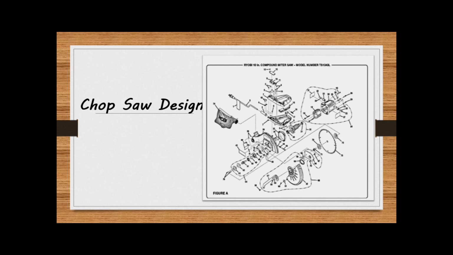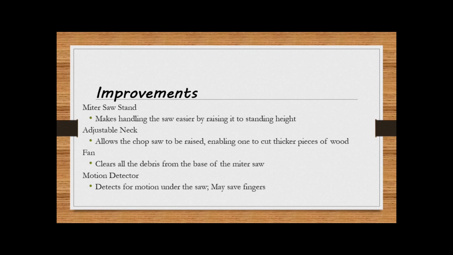This is another picture from the patents that I found on Google Patents. And some improvements, as I was saying before. There was the stand, the adjustable neck. We were thinking about using a fan to suck the sawdust out from where the blade is cutting and into the sawdust bag that is provided with the machine.